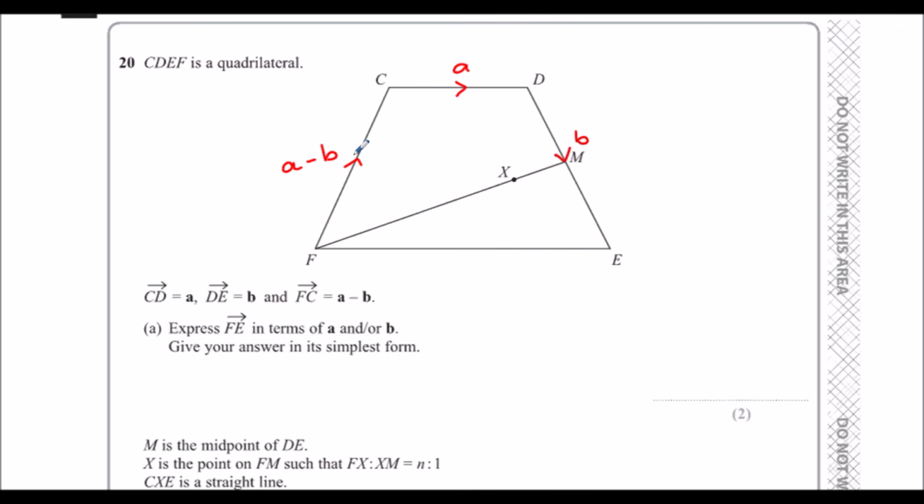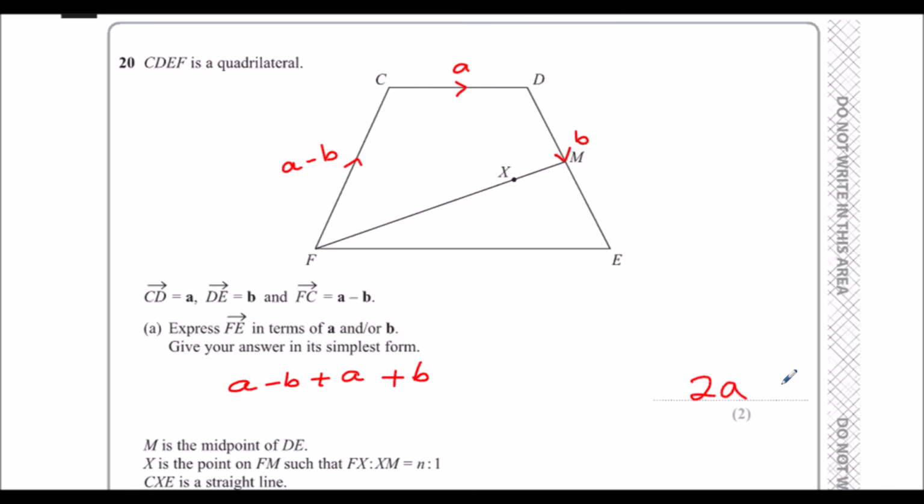Part A, express FE in terms of A and or B. So from F to E, we can go up and round. So it's A minus B, plus A, plus B. So simplifying this, for A's we've got A plus A, which is 2A.